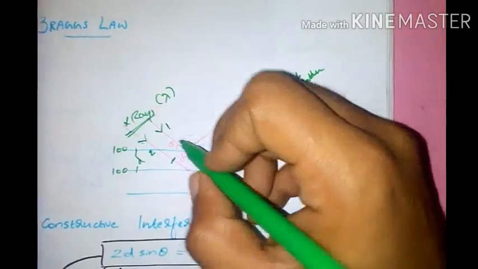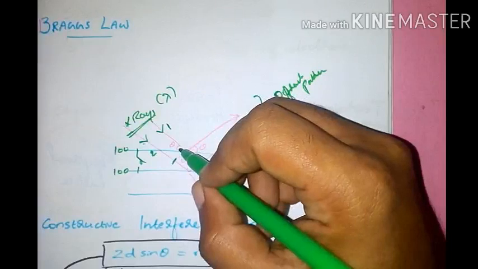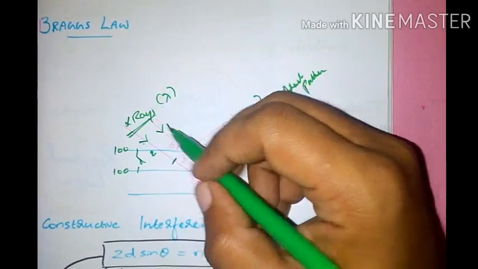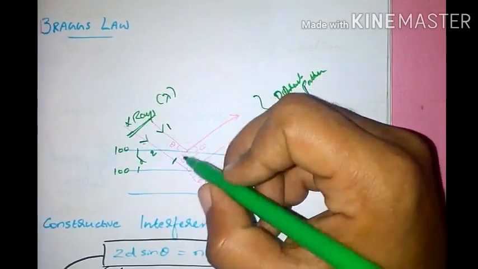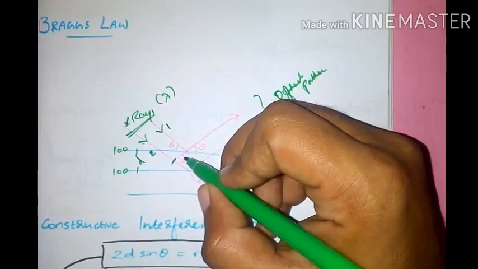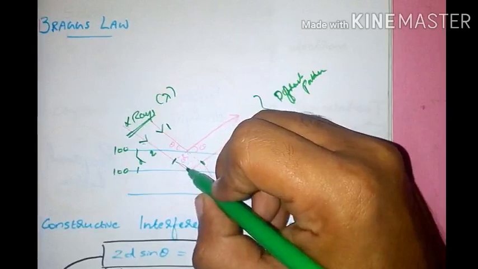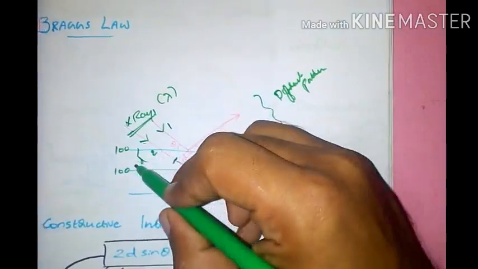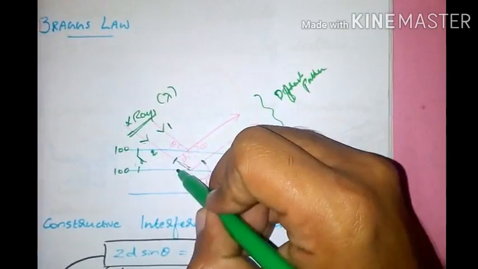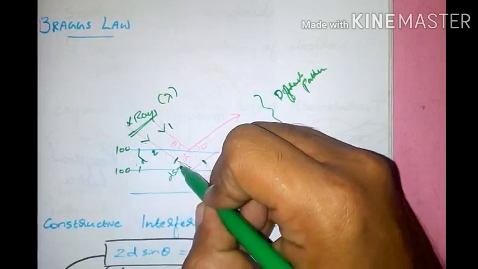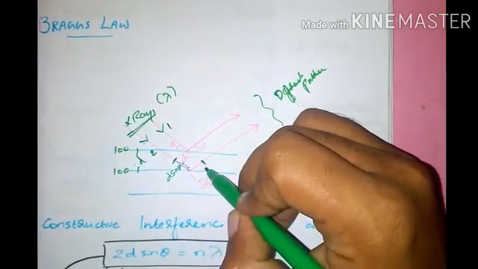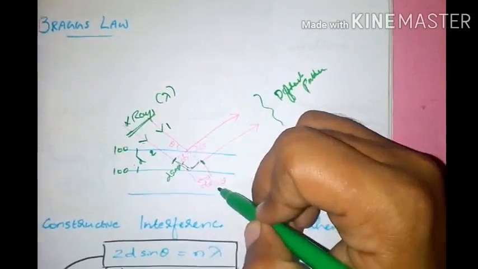To measure this distance, we have the angle theta that this X-ray makes with the plane. d is the interplanar distance, so this much distance is d sine theta, and again the same distance comes here, again one d sine theta.